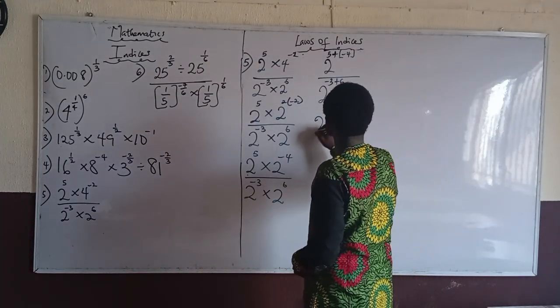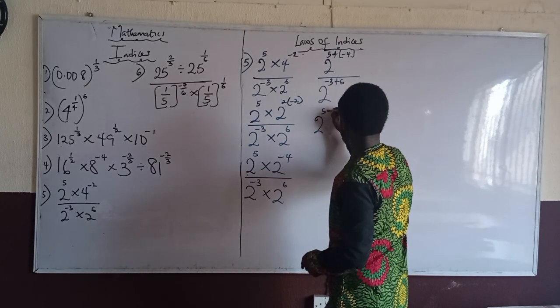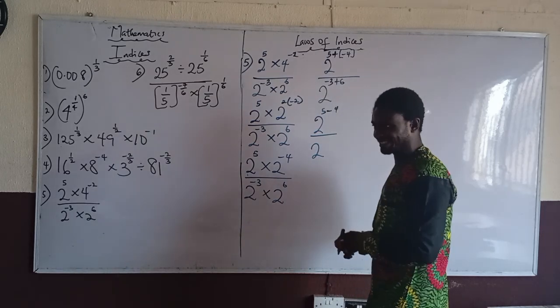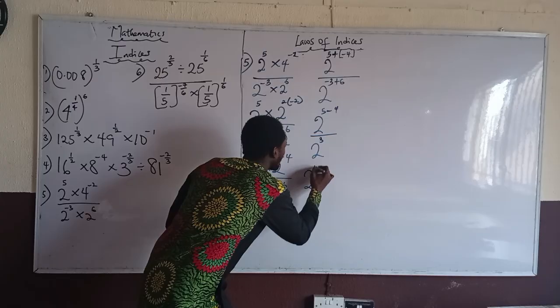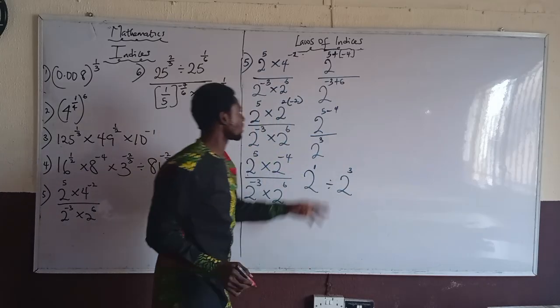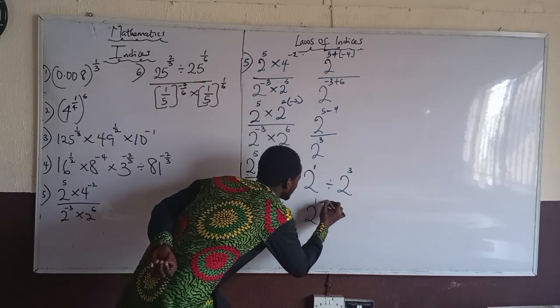So here becomes 2 raised to power 5 plus times minus is minus, that is minus 4 over 2. Minus 3 plus 6 is 3. So here becomes 2 raised to power 1, then divided by 2 raised to power 3, because 5 minus 4 is 1. Here becomes 2 raised to power 1 minus 3.